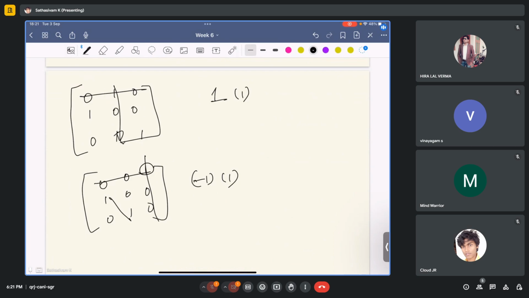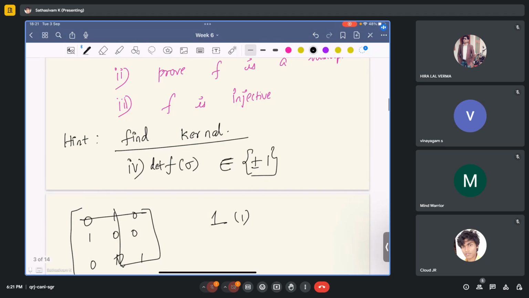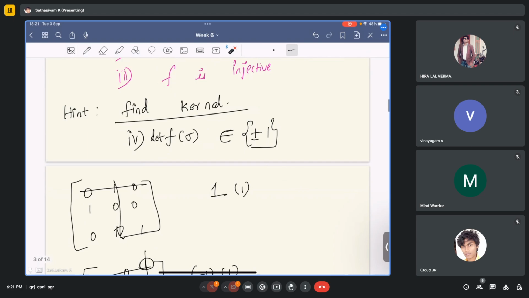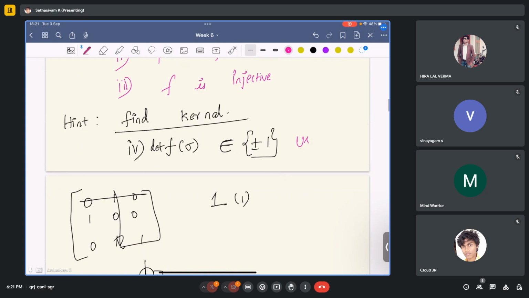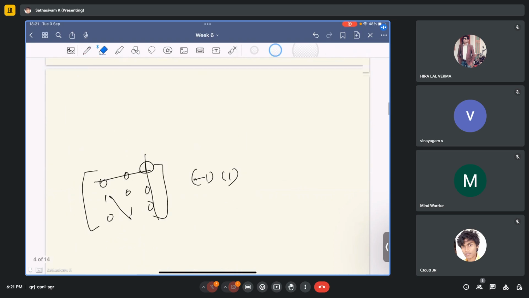If you want to prove that the determinant belongs to plus or minus 1, you go via induction. I will give a hint here. For a 2 cross 2 matrix, it's easy to see.